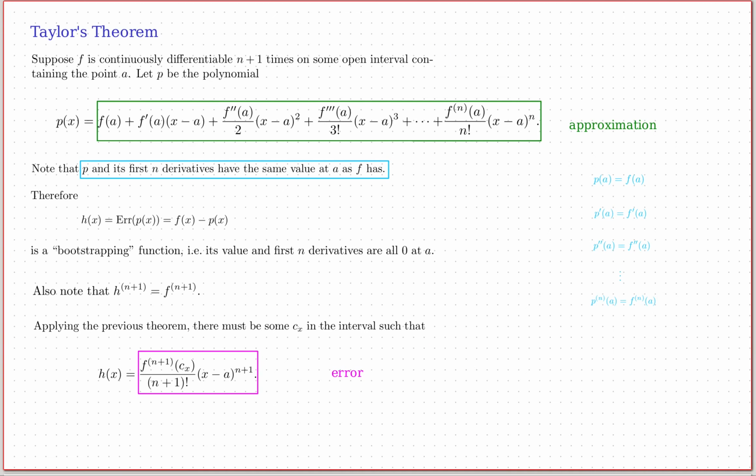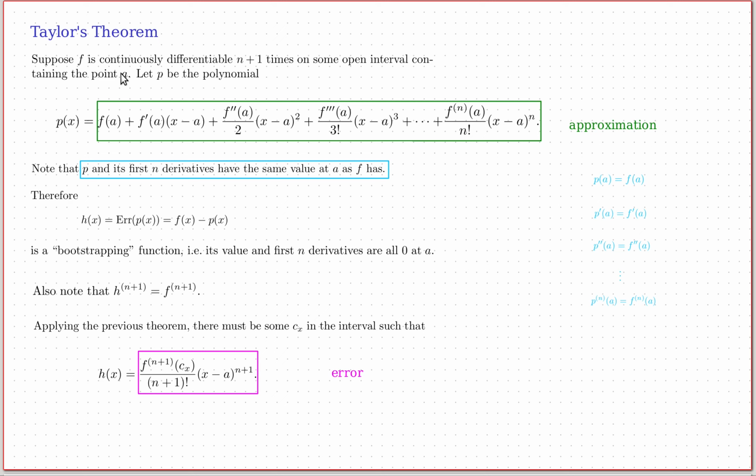The idea of Taylor's theorem is that it shows how well you can approximate a differentiable function using a polynomial. Suppose f is a function that is continuously differentiable n plus 1 times on some open interval containing the point a.